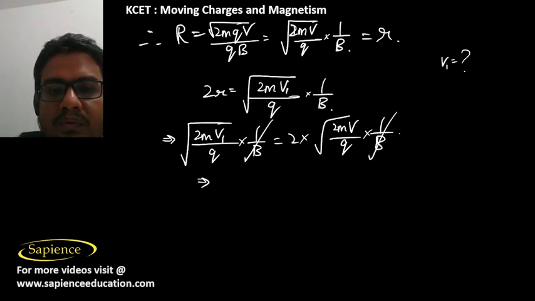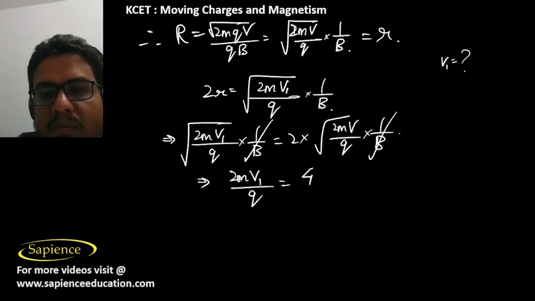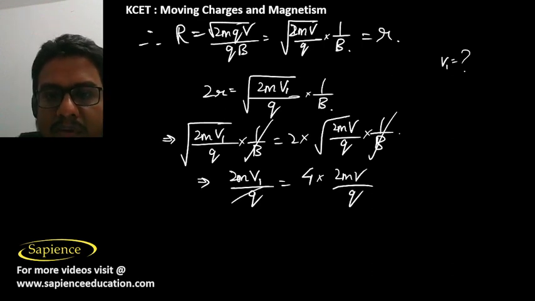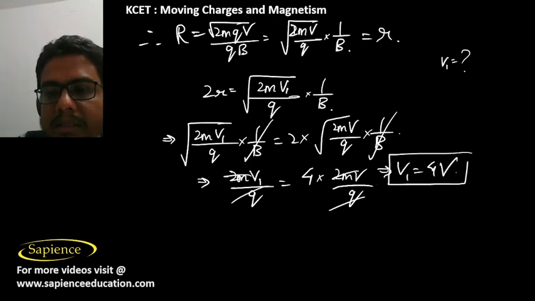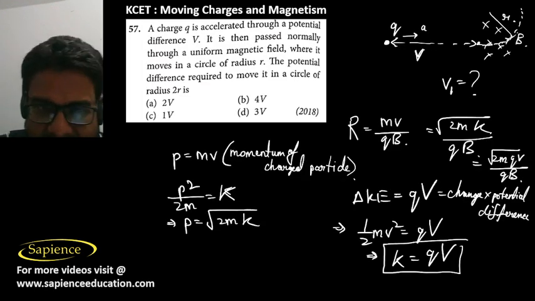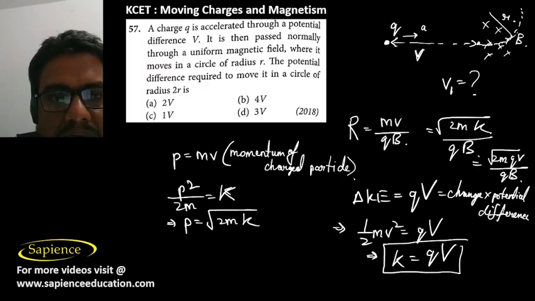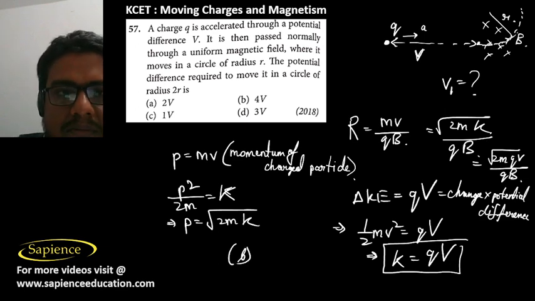If we square both sides, we get 2m V1 by q equal to 4 into 2mV by q. So q and q will cancel, 2m will cancel. So V1 is equal to 4V. So if we accelerate that charge by 4 times the potential difference, then we'll have the radius 2r. So option B is the correct answer.